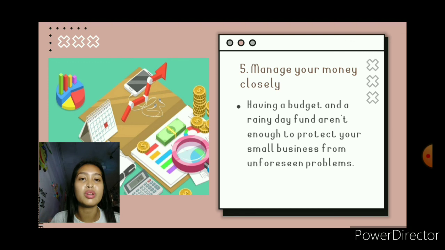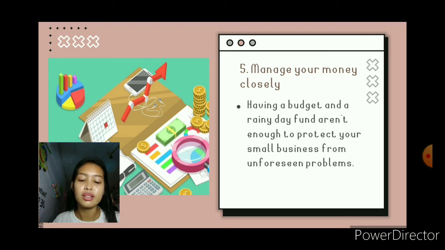So that you can have an idea on how to prevent or reduce this risk. That is the first one, identify the potential risk.